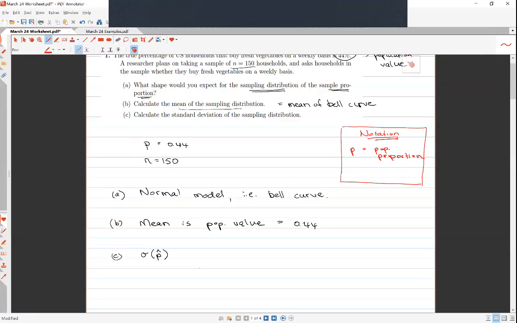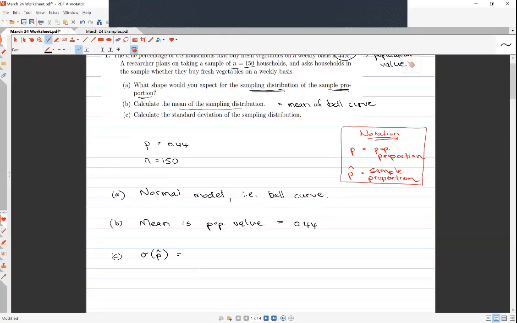But if you take a sample and you calculate the proportion in your sample, you're going to stick a hat over that. And so that's how we differentiate between the true value in our population and the sample value we see after taking a sample.